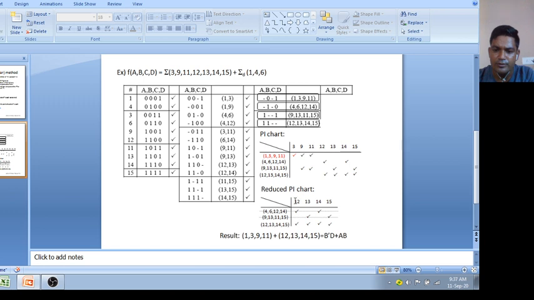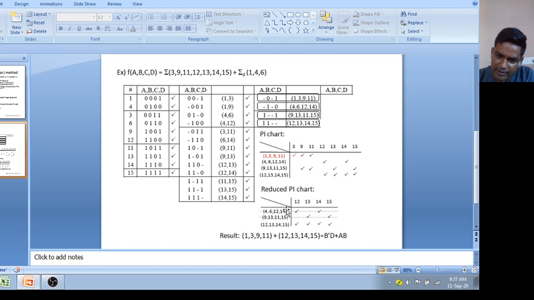Now you have to check where all these minterms are available. Okay, you are again not getting a single one. Check the symbol in a single column.